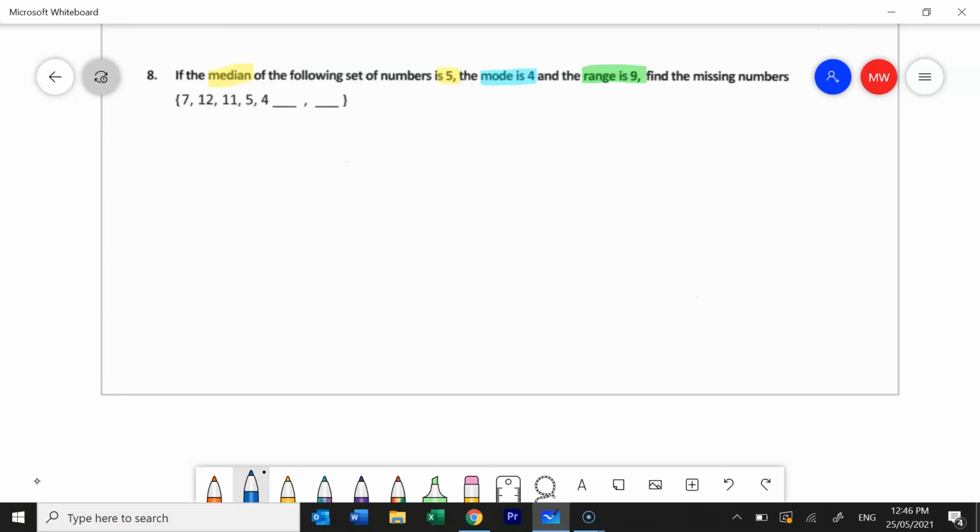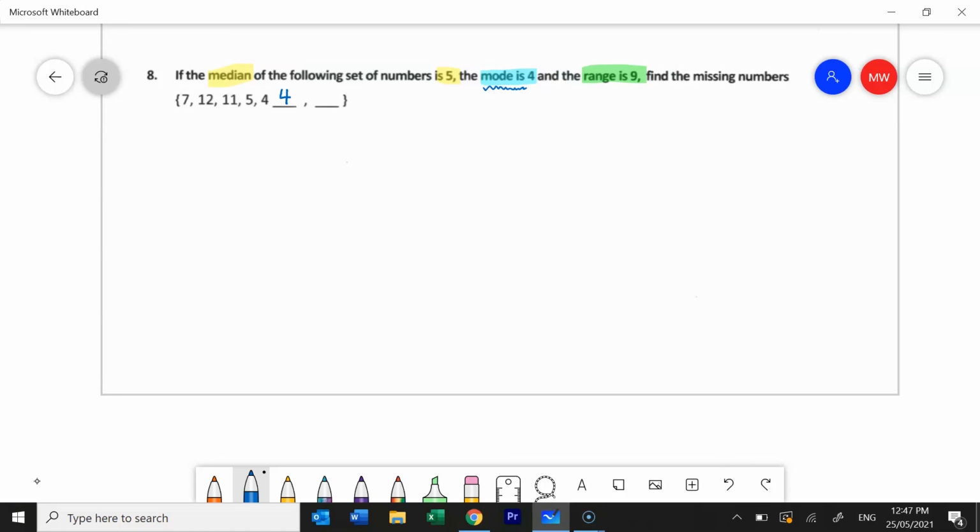Now, I'm concentrating here on the mode. I can see that if the mode is 4, the 4 must happen more times than the others. And at the moment, there's only one 4, just like the rest of the numbers. So I bet one of these numbers is a 4. Now, I've only got a couple of other clues here. I've got that the range is 9, and I've also got an idea that the median's 5.